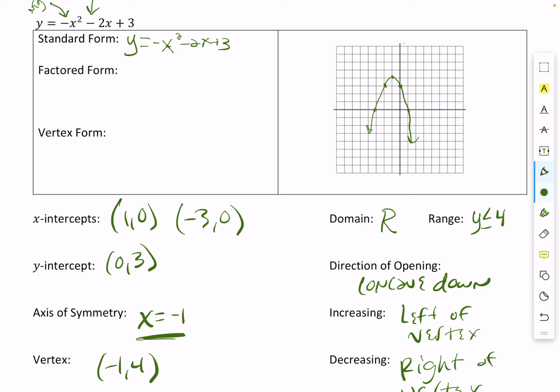If you have your quadratic tacos handy, you may want to get them out. I want to know what we call the number in front of the x squared. It is a coefficient. That's great, but we have a specific name for this coefficient, the one in front of the x squared.